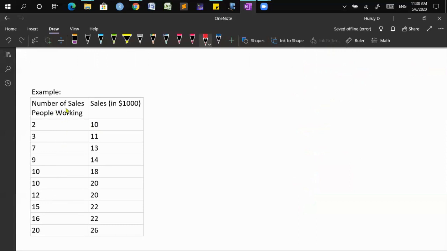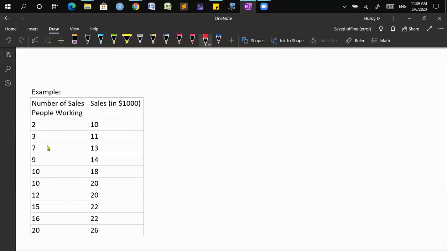We have the number of salespeople working, and here we have sales in thousands. So when there were 2 people, total sales was 10,000, and 3 people 11,000, and so on and so forth.